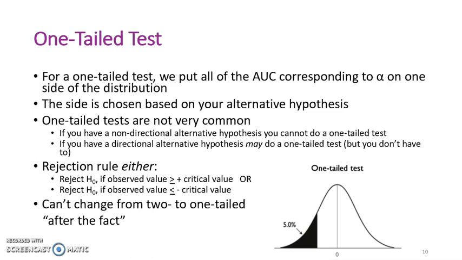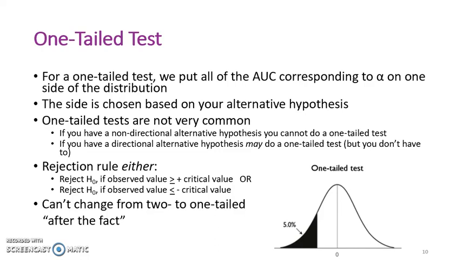For a one-tailed test, we put all of the area under the curve corresponding to alpha just on one side of the distribution, and the side is chosen based on your alternative hypothesis. If you have a non-directional alternative hypothesis, you can't do a one-tailed test. If you have a directional one, you may. You could also do a two-tailed test, but typically we do a one-tailed test.